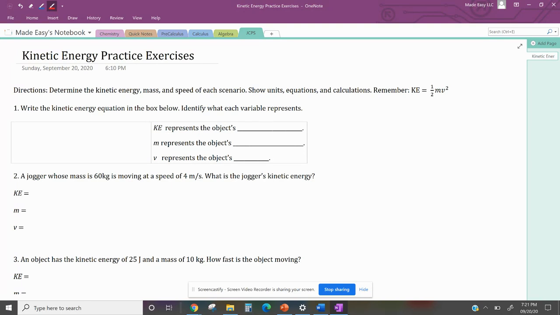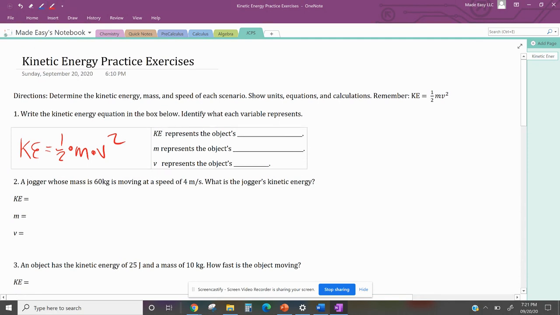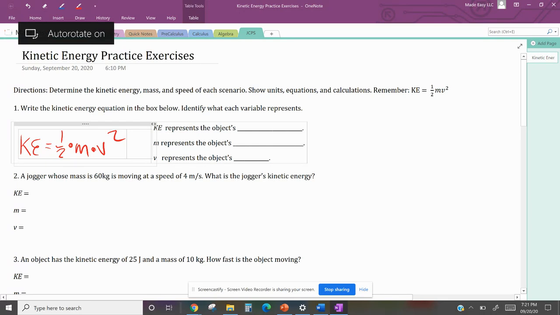Number one, write the kinetic energy equation in the box below. Identify what each variable represents. Okay, so I'm just going to write kinetic energy equals 1/2 times m times v squared. Hold on a second. I'm going to try to change my screen. All right.